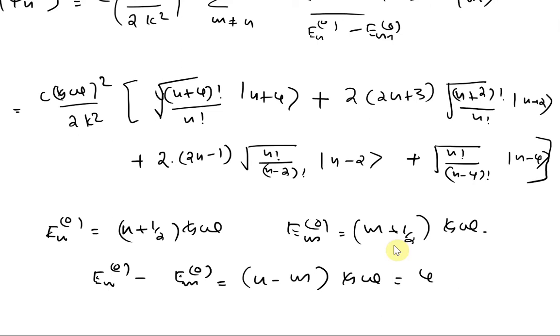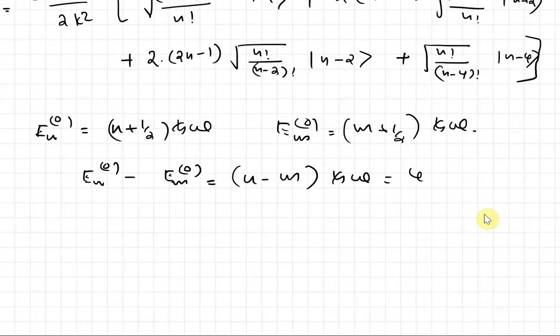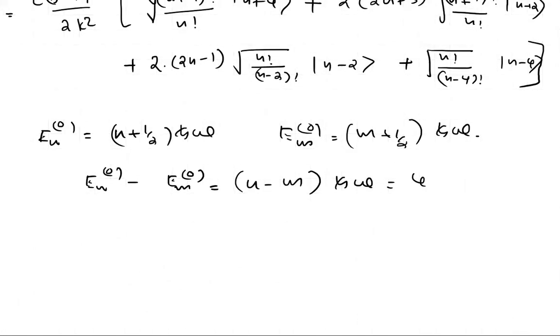You will be having n plus 4 here. Sorry, for the first term m is equal to n plus 4, so that will be minus 4 h cross omega.